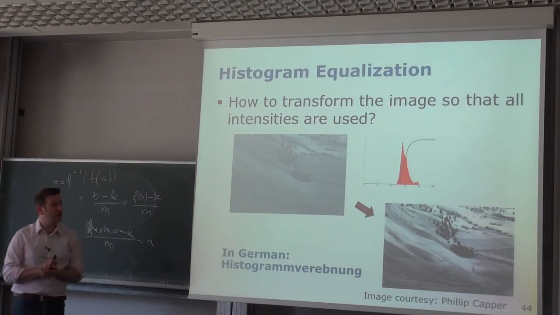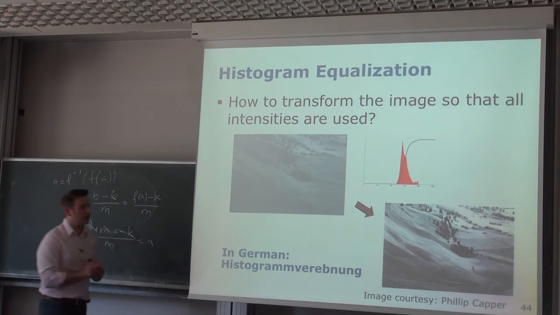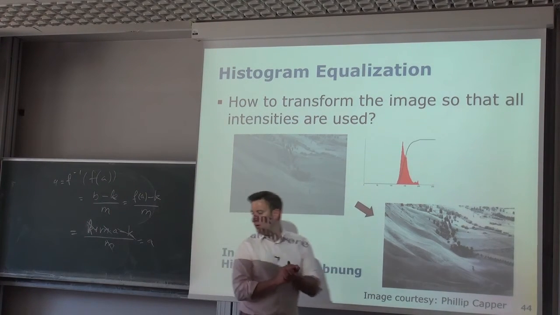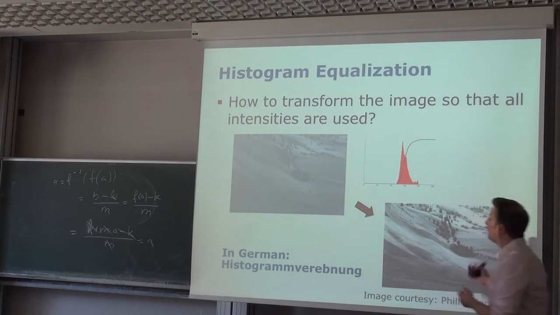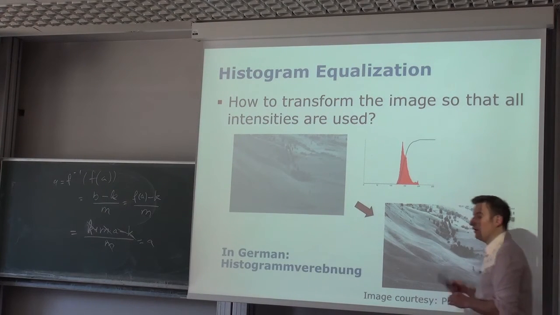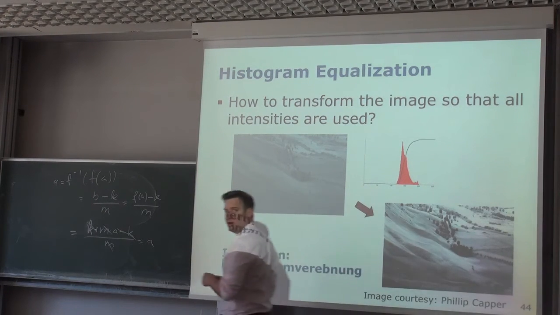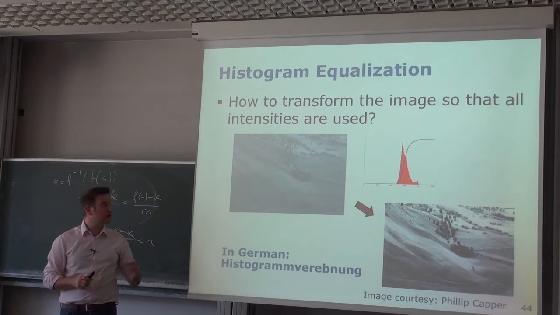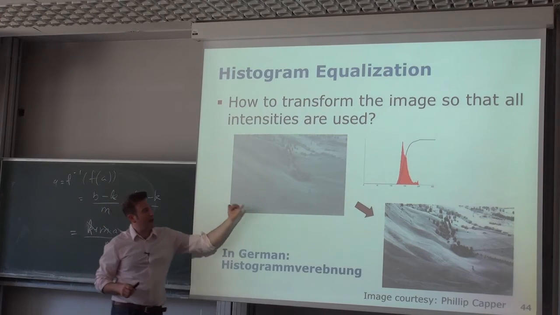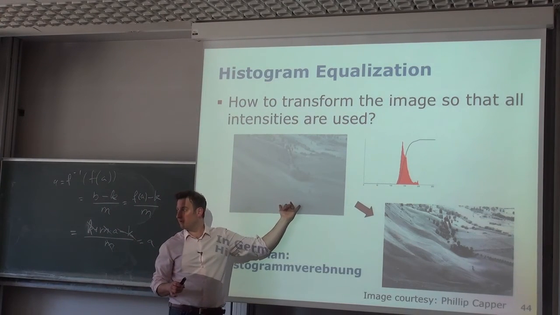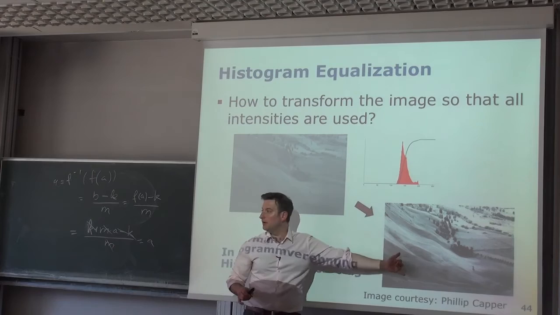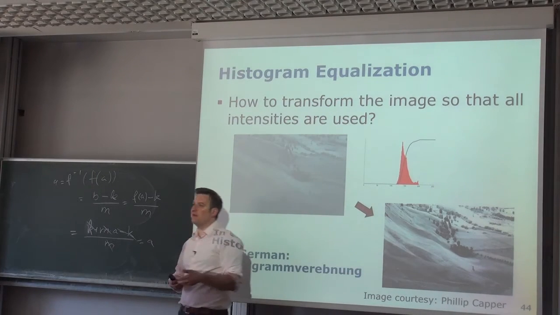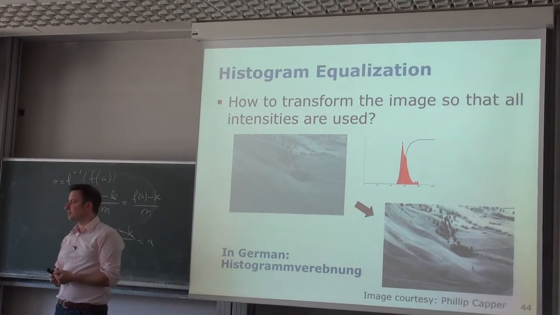This is called histogram equalization, or in German Histogrammebnung, which is one standard technique for changing intensity values of images. What I want to do in the remaining part of this lecture is look into how we compute this transformation to go from here to here by specifying what the output histogram should look like.